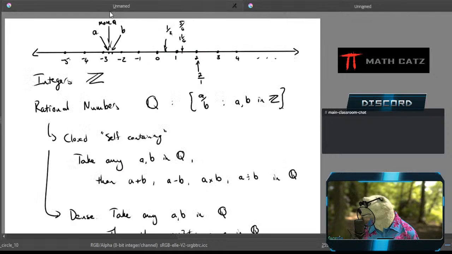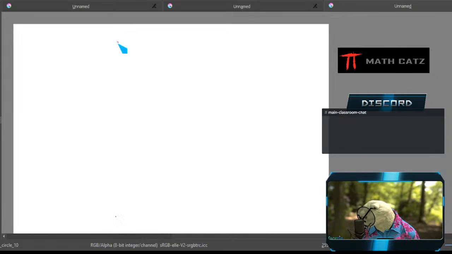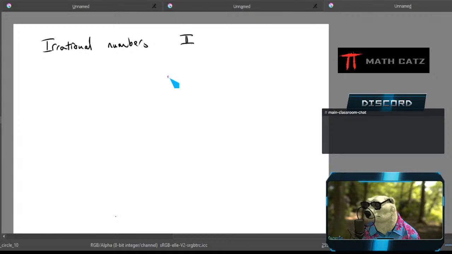So we get these other numbers here. And they are called the irrational numbers. Not because they're crazy, just because they're not rational. Now, I don't like the symbol, but it's an I with an extra line. It's not a Roman number, but it is easily confused with a Roman number. Irrational numbers.